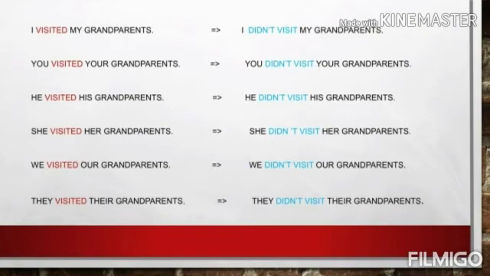Now let's see some example for regular verb. In the first part you have affirmative form, and in the second part you have negative form. Let's start. I visited my grandparents. So the negative is I didn't visit my grandparents. So in affirmative, okay, I conjugate the verb. In past, I write ed, but in negative, no. I write didn't visit. I keep the verb as it is. Okay, let's look at the example.